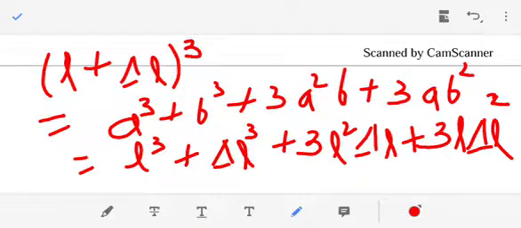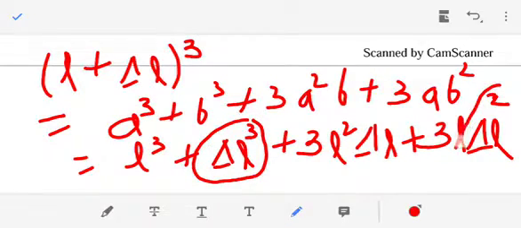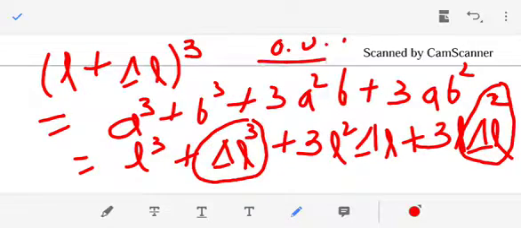Now, delta L cube and delta L square will be very small values. This is delta L, and delta L means 0.001 something, that is, it is initially very small.